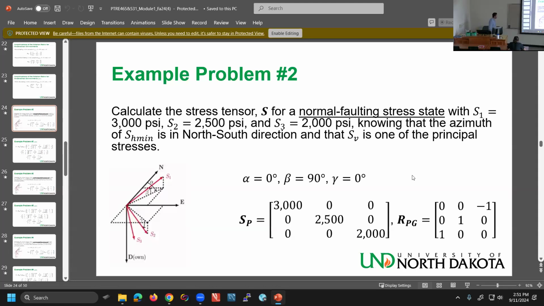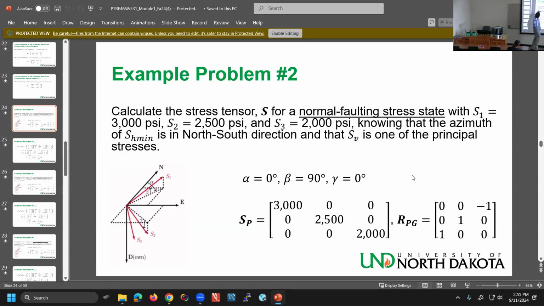even more simple because now I have sine of alpha is 0, cos of alpha is 1. So I further simplify my RPG from what I saw in the previous 2 slides ago to this one that has zeros and ones and -1.